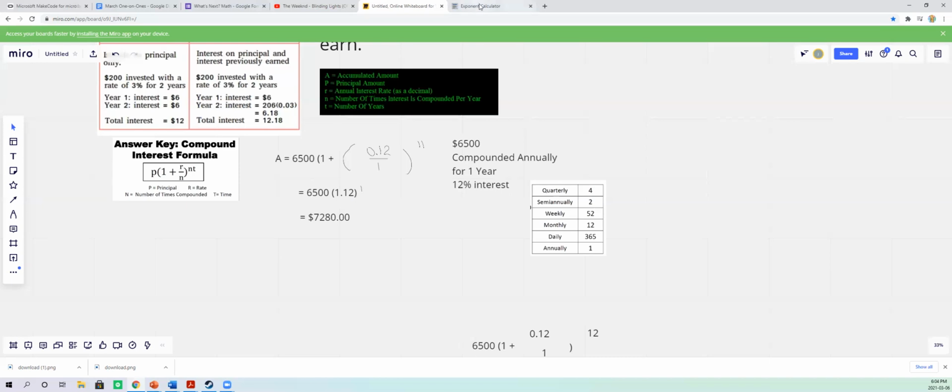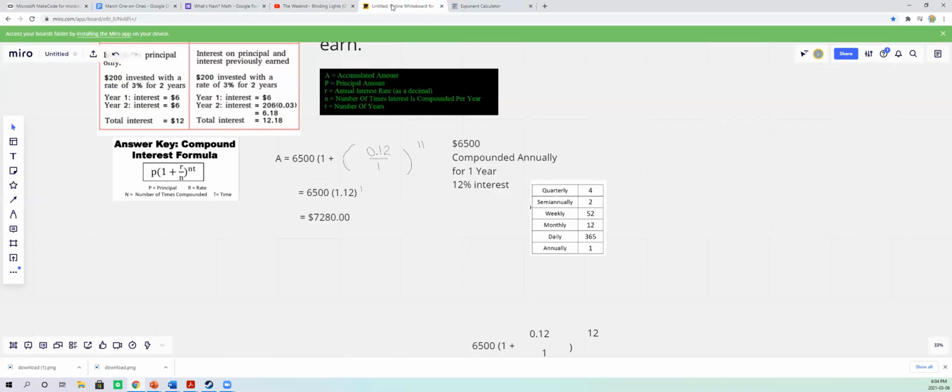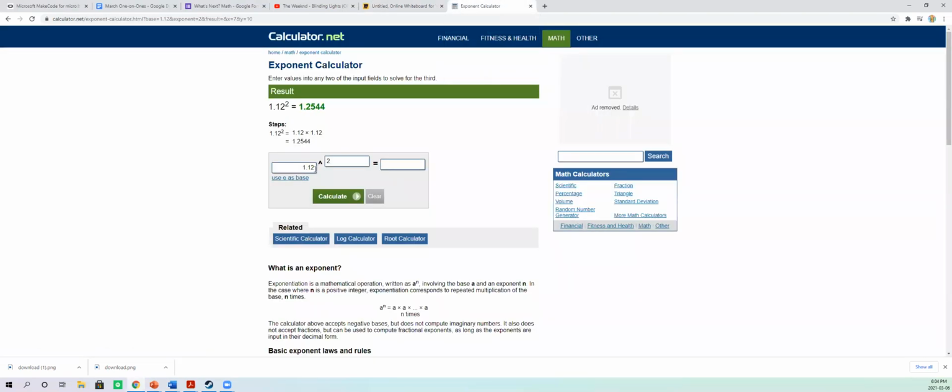So that's when our handy dandy exponent calculator will come in handy. So if you have a scientific calculator, that's great. If you don't, I gave you this link, calculator.net, exponent calculator. It's really handy to just be able to give you that answer. So if you were looking at 1.12 as your base, you would just enter it here.